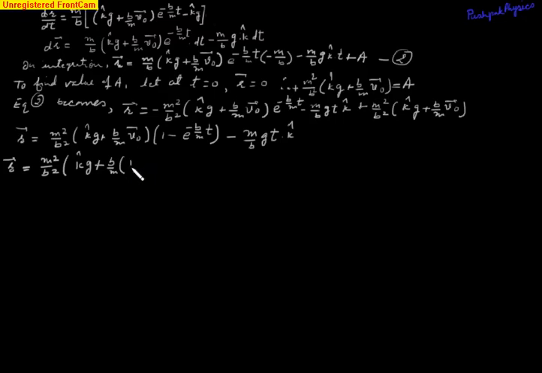The components of v naught will be along j v naught cos theta plus along k direction v naught sin theta, and multiply by this bracket closing here into 1 minus e to the power minus b over m into t, minus here m over b g into t k vector.